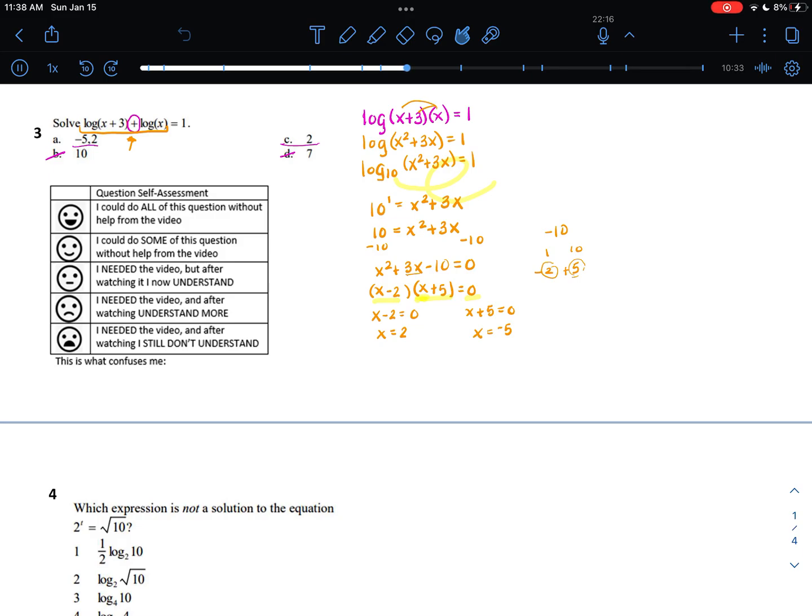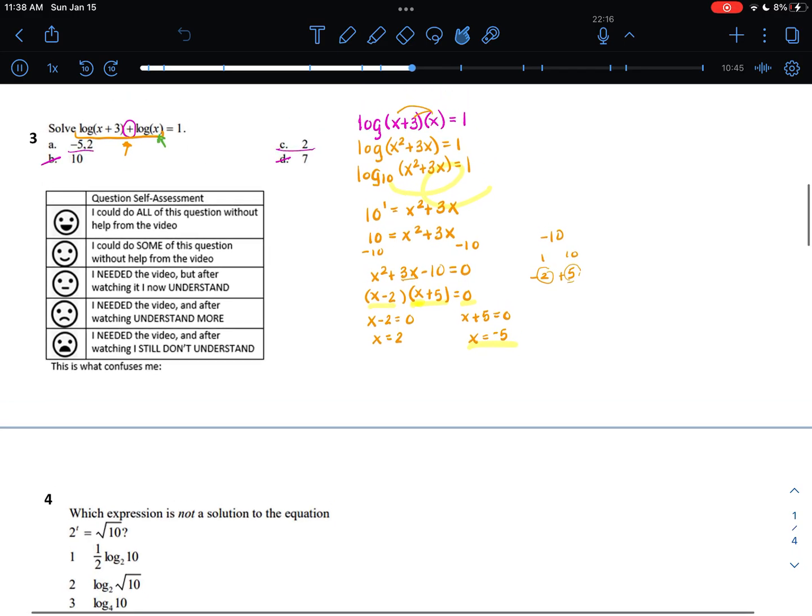If I plugged that back into my original equation, it's essentially saying then that I could do the log of negative 5.